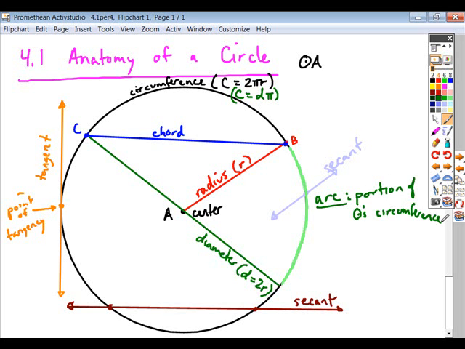And anytime you designate an arc, it is with respect to some angle that intercepts that arc. And so the two angles that we're going to look at are central angles.